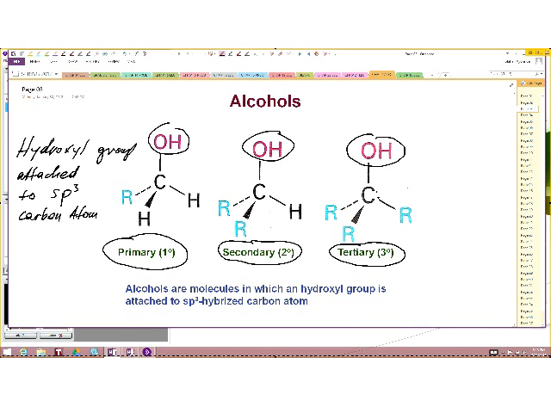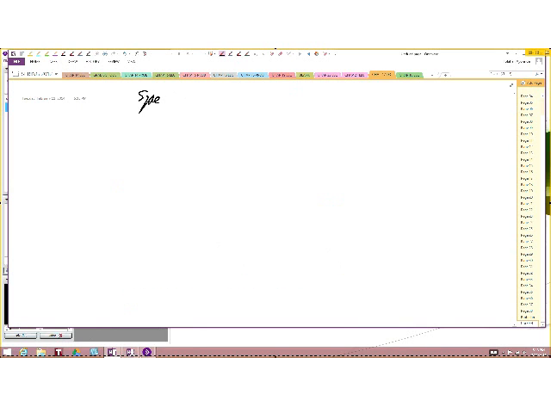Okay, so let me give you some more specific examples of this. The simplest alcohol is methanol, and then the simplest primary alcohol is ethanol.